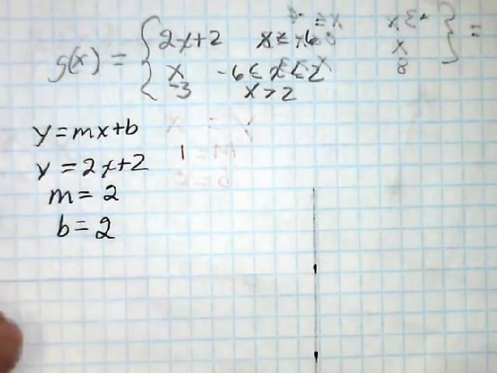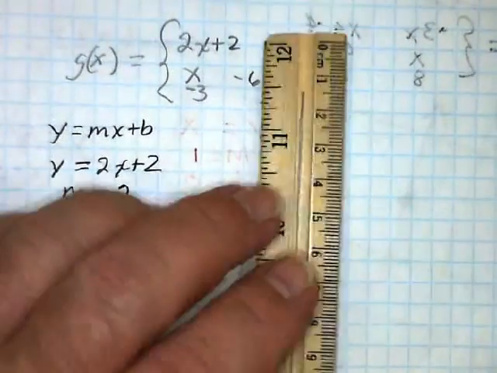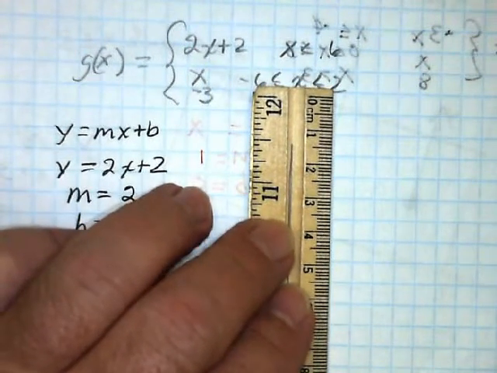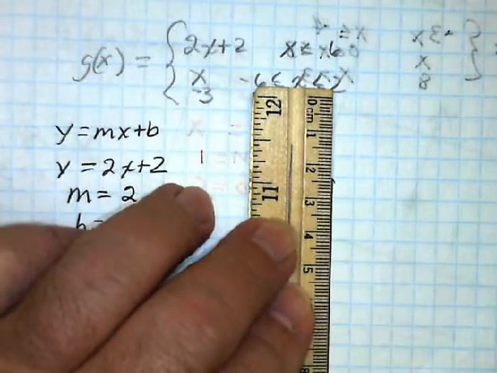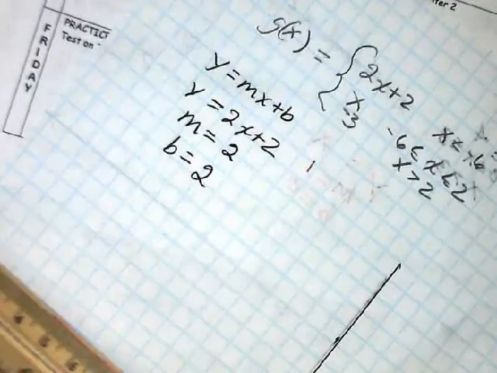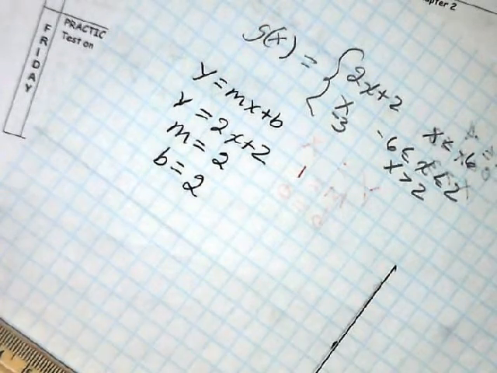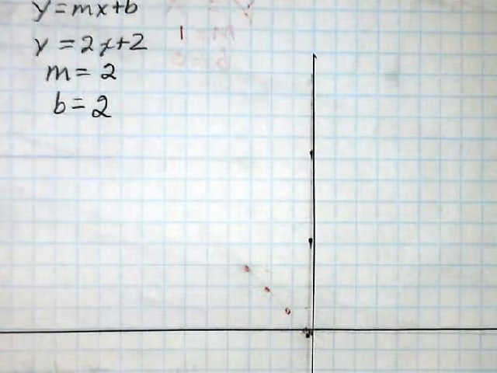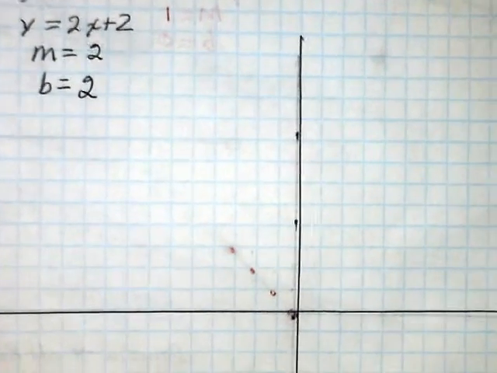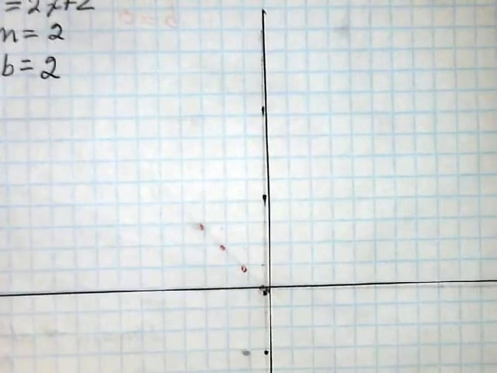So I need to draw a little graph again. The b is 2, and unfortunately they happen to be the same numbers, but where does it cross the y-axis?